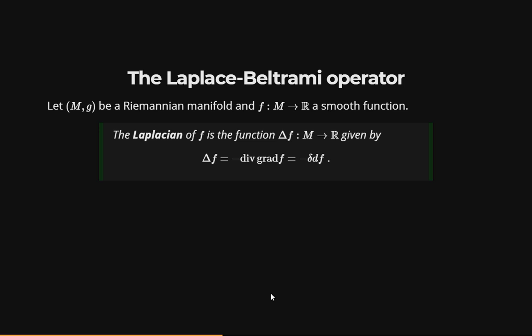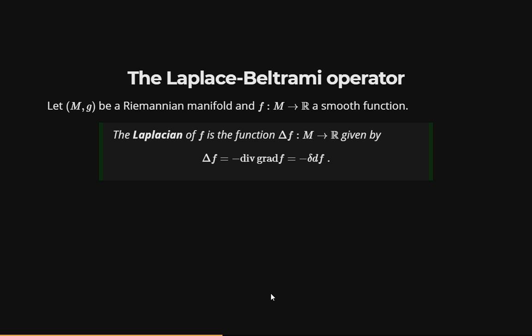Because you have a number of Laplacians on a manifold. You have the Hodge Laplacian, the Lichnerowicz Laplacian, the Laplace-Beltrami operator. I mean, you can define them in a number of ways. The one we're interested in today is the Laplace-Beltrami operator.